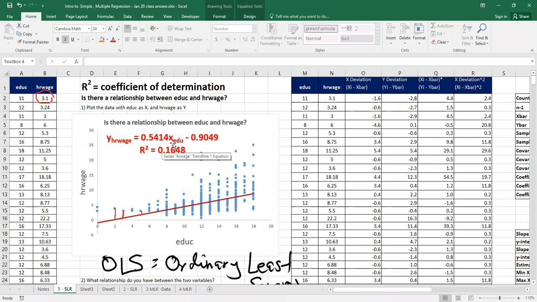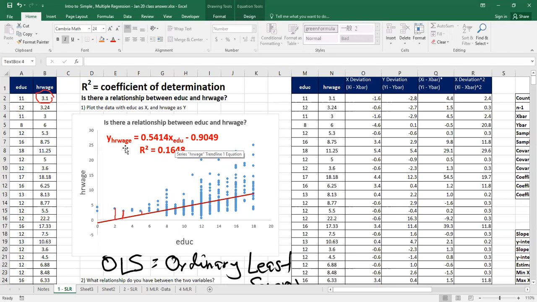Tapos quick review, ano ibig sabihin ng 0.5414? This is the marginal effect of your independent variable, okay? For 1 unit change in your independent variable on the dependent variable. So ang interpretation nito, for every 1 unit, ano ba yung unit natin ng education? It's yearly, no? So for every 1 year increase in education, there's a corresponding $0.54 hourly wage increase.